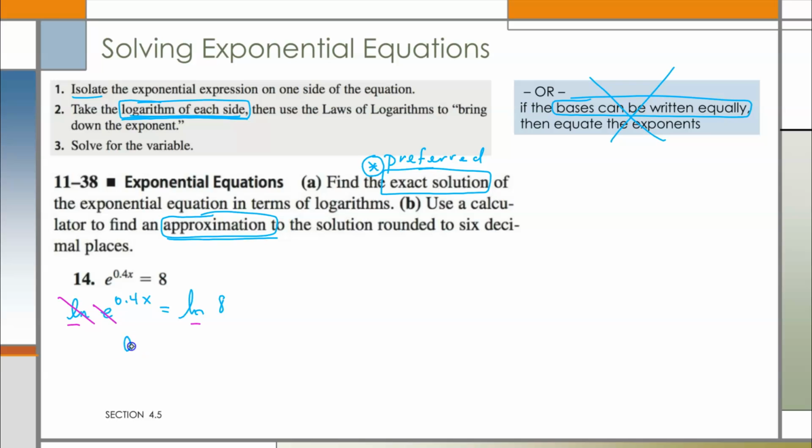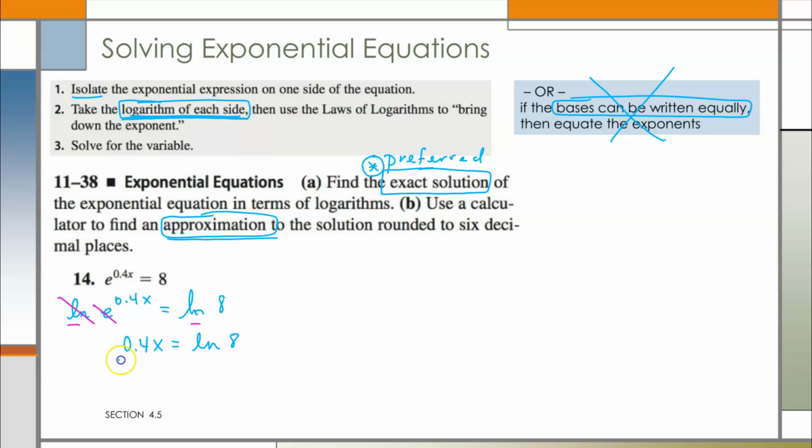So we end up with 0.4x is equal to the ln of 8. ln of 8 does not cancel. We can plug that into our calculator and get a decimal approximation if needed, but we're just going to leave it as is.